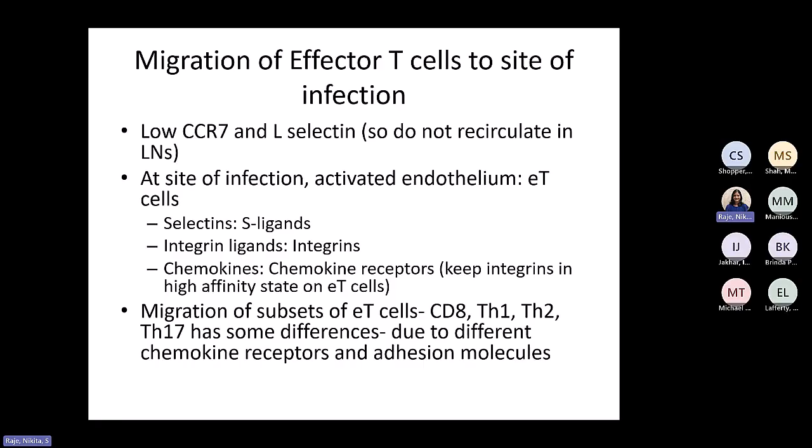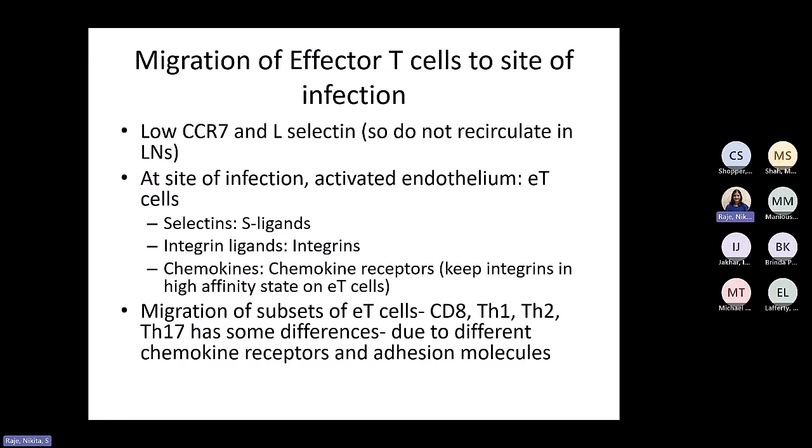Once they are produced, what do they express? They have low CCR7 on their surface and low L-selectin. Because of that, they don't move from one lymphoid tissue to another. CCR7 and L-selectin are basically maps on the GPS that take those cells back to the lymphoid tissue. Because effector T cells are low in CCR7 and L-selectin expression, instead of moving from one lymphoid tissue to another, they will enter the circulation and can go to the site of infection.